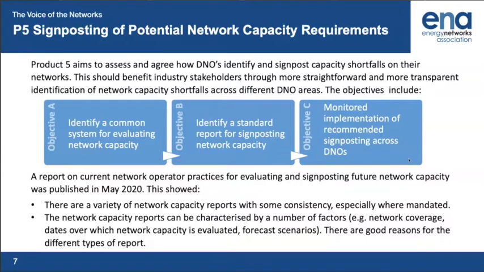A report was published onto the Open Networks Workstream 1B web pages back in May, which goes into some detail on the existing capacity reports that are published by network companies, mainly DNOs. And I think it showed that there's a lot of different reports, but there is a fair degree of consistency already in place, particularly where reports are mandated.